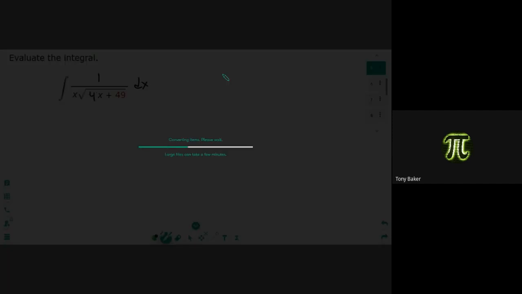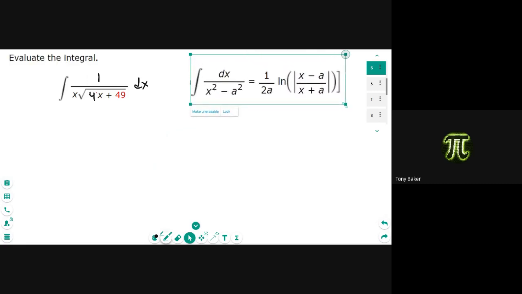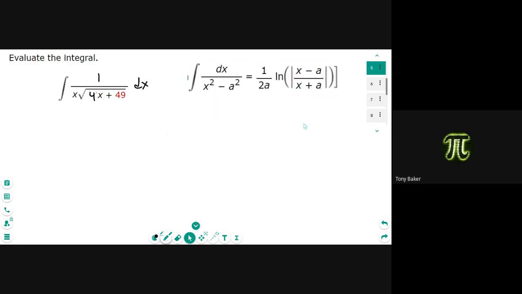So this one you need to use one of these. It's another little rule that I showed you at one point. This is the rule we need for this one.